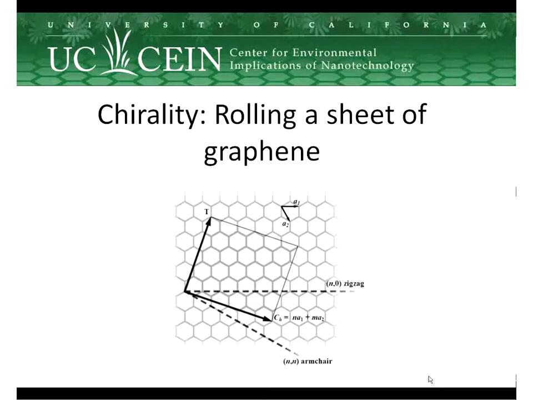The other thing that we have to consider, which we haven't done much on in terms of what the effect may be, is what's called chirality, or how you actually form the carbon nanotube. You could form it along different axes of the original structure, and they have, for example, this one here oriented this way, which forms what they call a zigzag form, and then this one here is an armchair form.